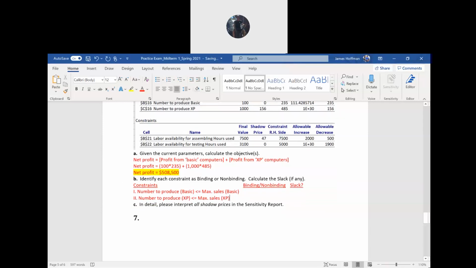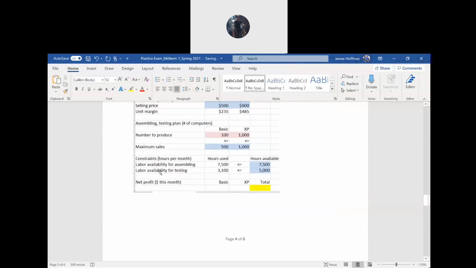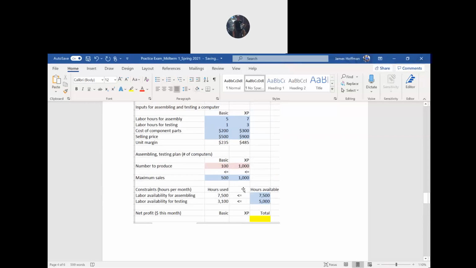We have 2 more. The next one, they both have to do with the labor. So you're basically describing what the inequalities or the constraints mean. So the labor constraint is labor for assembling, the hours you use for assembling have to be less than or equal to the hours you have available for assembling, and the same for testing.